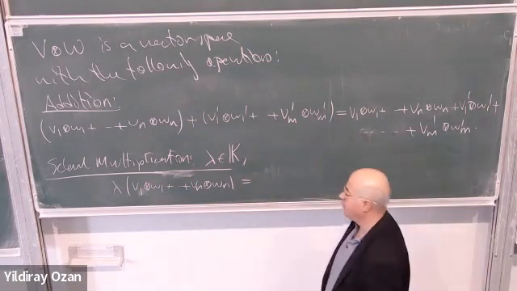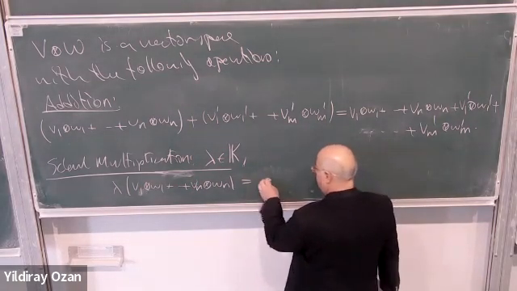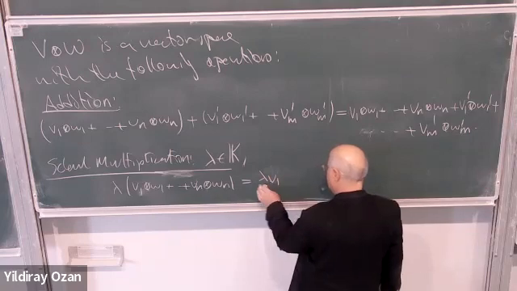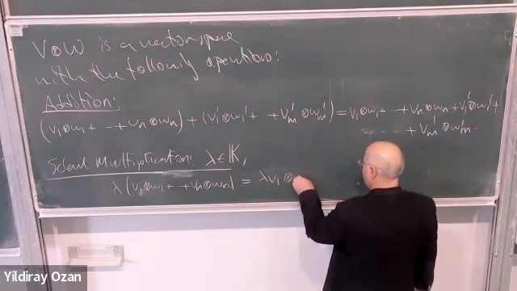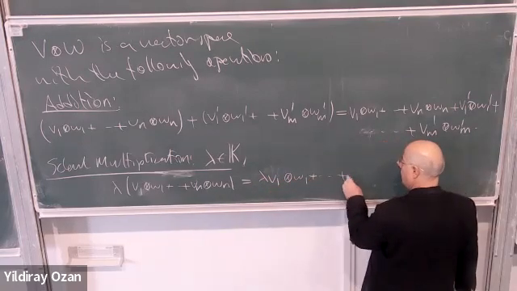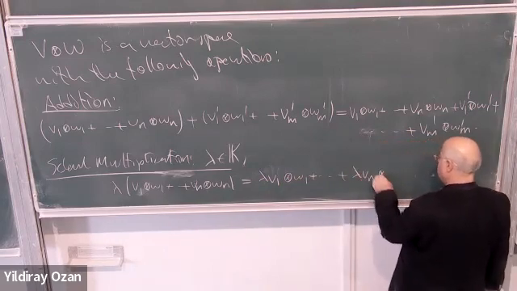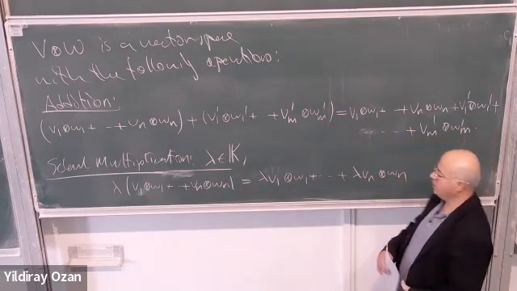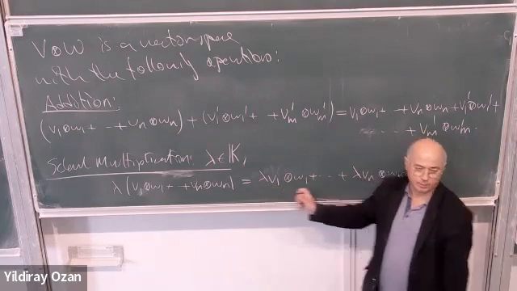What is this? Well, you may just take it this way: lambda V1 tensor W1. I just multiply the first vector by lambda.